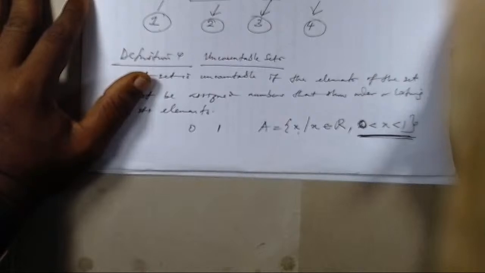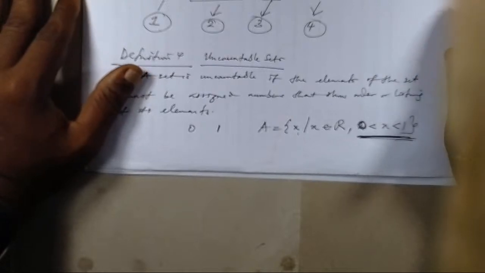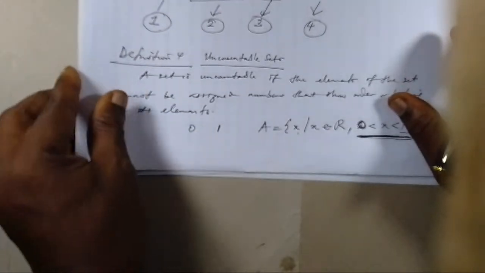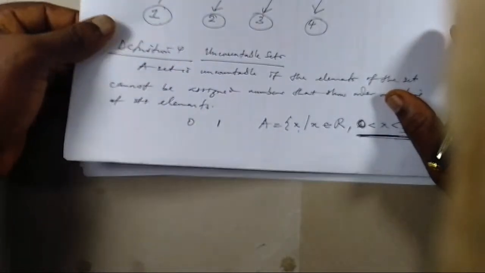So you can't tell exactly what number follows immediately after 0. Okay? So please take note, a set like this is uncountable because we cannot assign to the elements in that set unique numbers that show order.